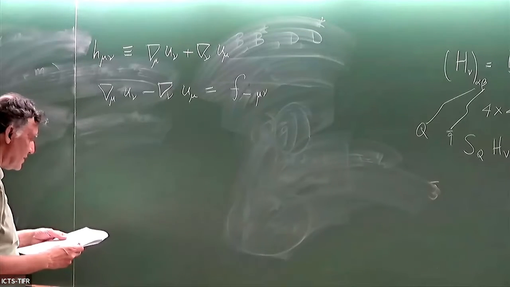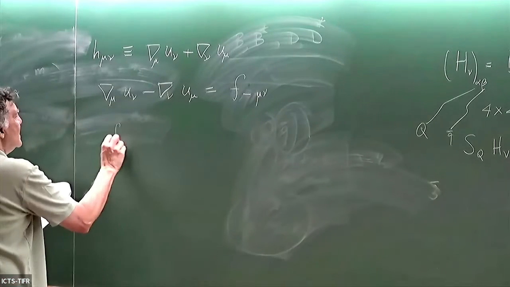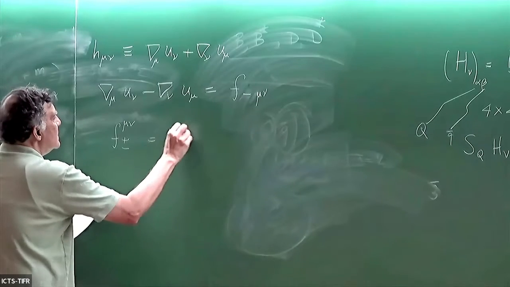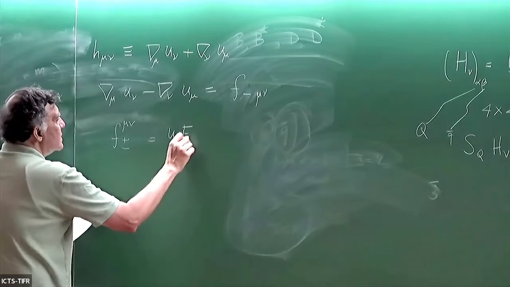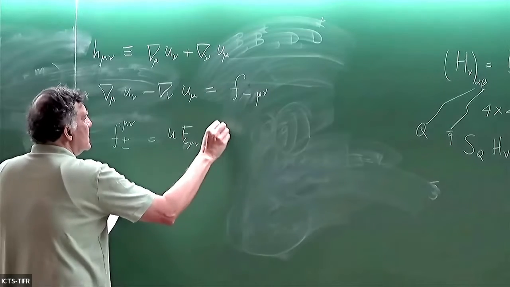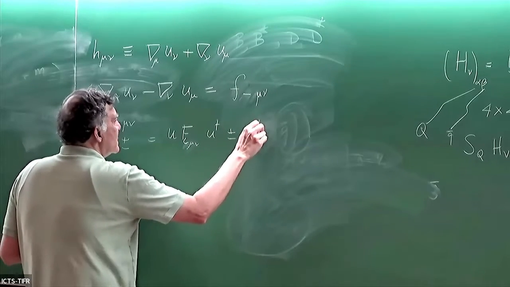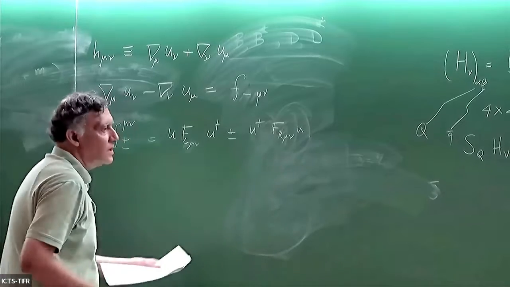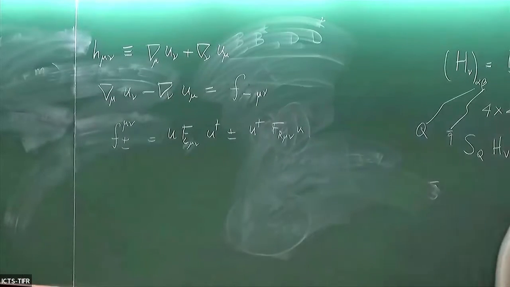Sorry, we're just going to define a whole bunch of symbols. So f^± μν is u f_L μν u† plus or minus u† f_R μν u. So a linear combination of the right and left-handed field strength tensors.